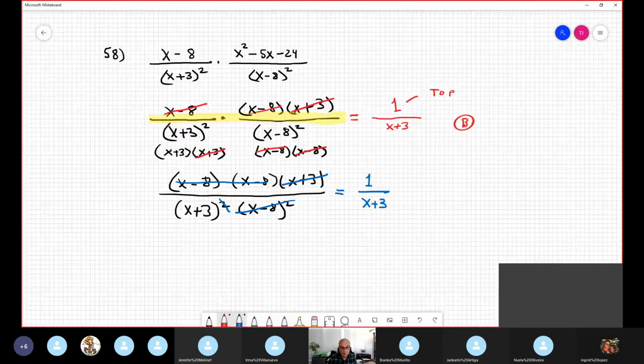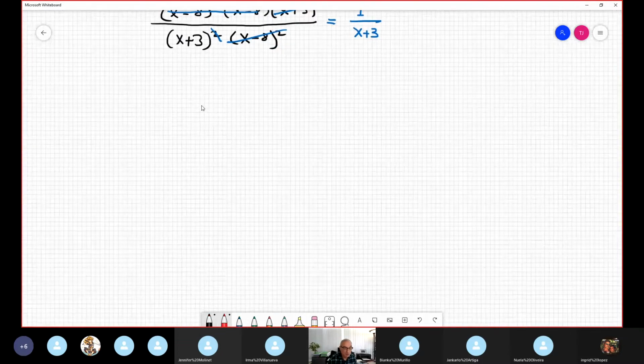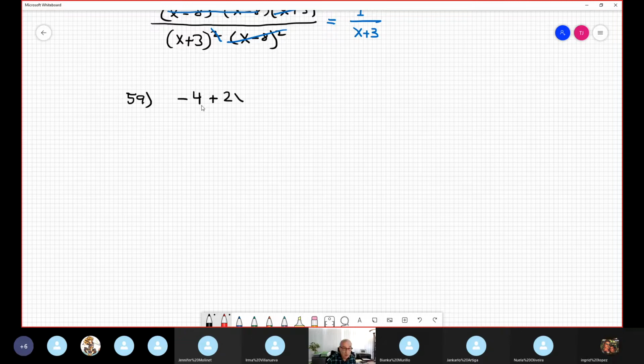More clear now? Okay, 59. 59 is a little bit different because it's division. So, negative 4 plus 2x over 4 divided by, this is division, a minus 4x divided by 8.